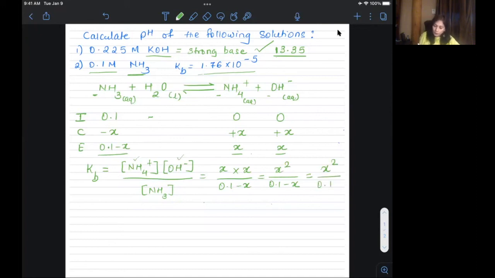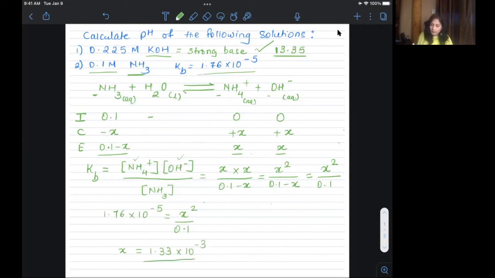Now, Kb, which is 1.76 times 10 to the negative fifth, is equal to X squared divided by 0.1. You solve for X and your X value comes to 1.33 times 10 to the negative third.